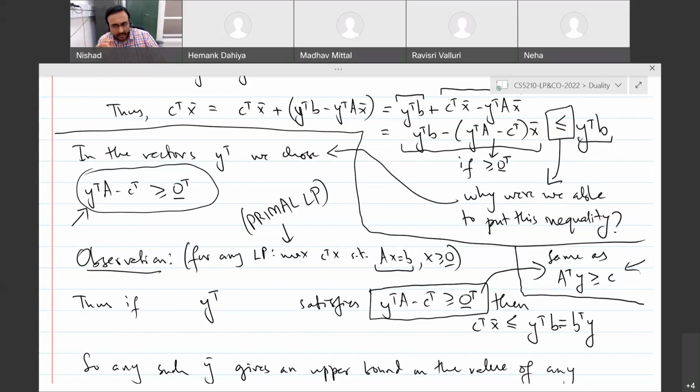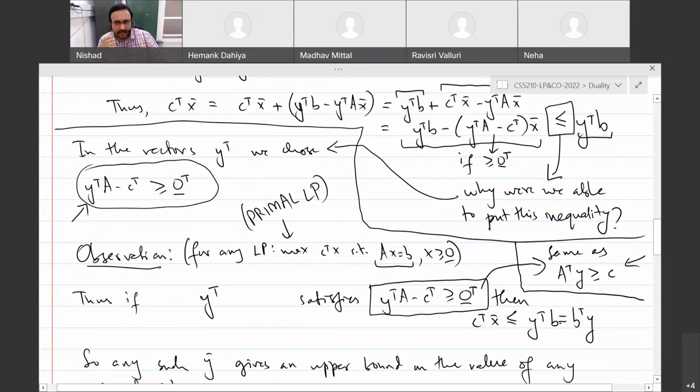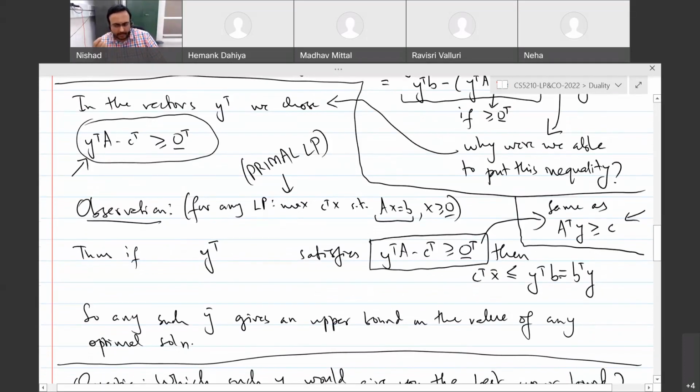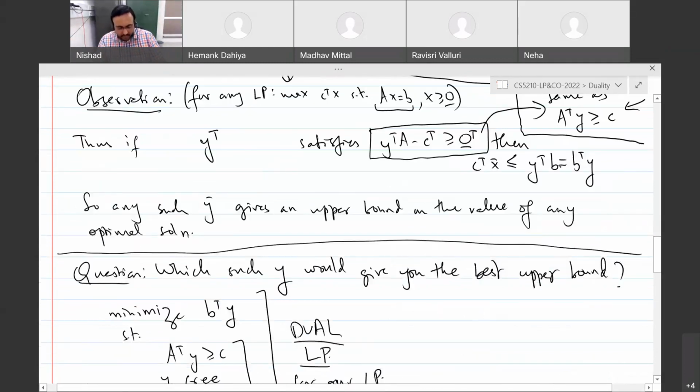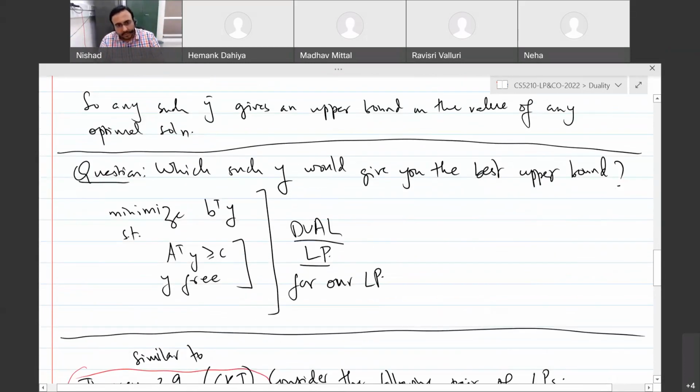And in particular, if you want to convince someone that a certain X bar is an optimal solution, what you want is that the upper bound has exactly the same value as the value of X bar, right? Which basically means that your Y is an optimal solution for the dual. So if you have such an X bar and a Y bar, then you know for sure that the X bar is optimal for the primal LP, and also you know that the Y bar is optimal for the dual LP. So such an X bar, Y bar pair will be your certificate of optimality, right?